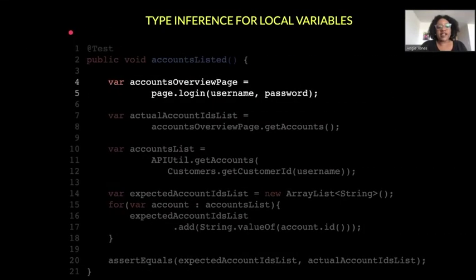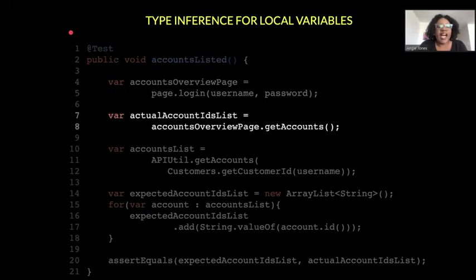So I've updated our one test method, I've updated the code to use vars. I'm using a var here, and the inferred type is very clear to me as the reader, because of the variable name that I chose. This is obvious: this is an accounts overview page. Here, I changed the variable name because it wasn't obvious.